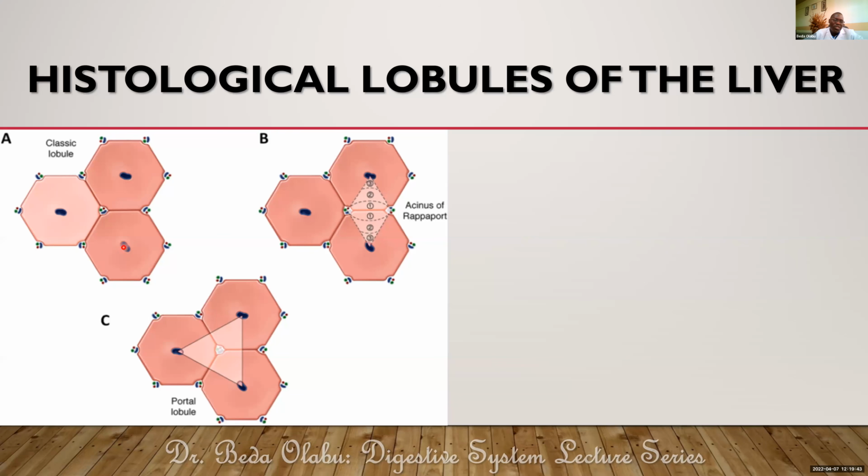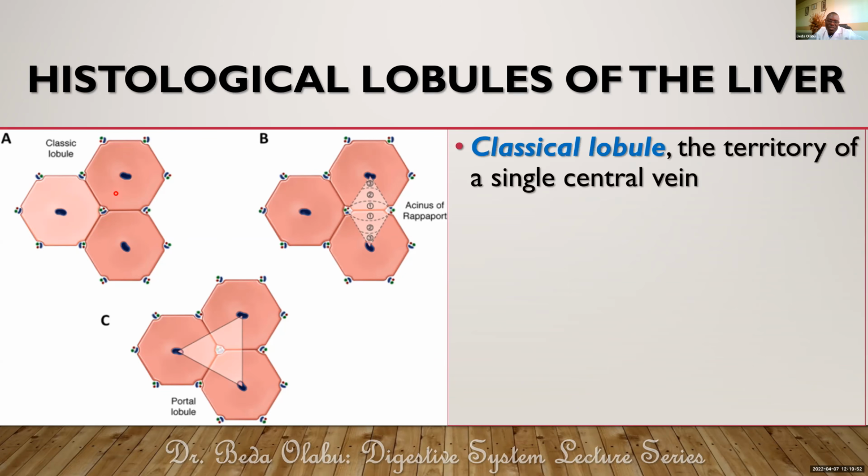Based on the arrangement of the hepatocytes and those blood vessels, we describe 3 histological lobules of the liver. The first one is what we call the classical lobule of the liver. The classical lobule is a hexagonal structure that marks the territory drained by a single central vein.